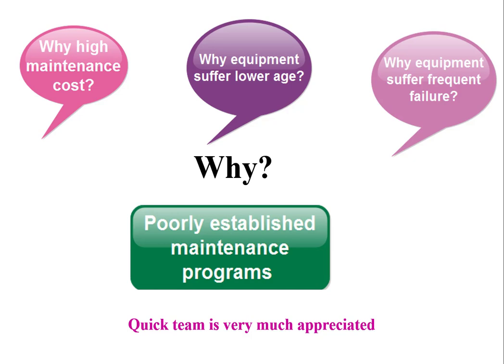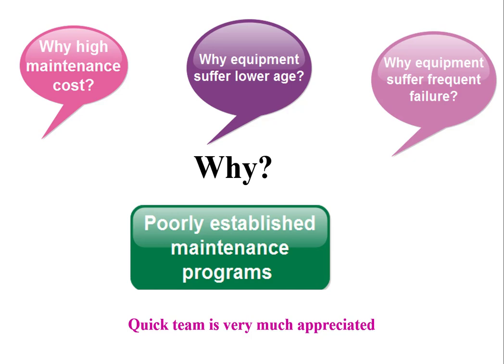So if we are not applying root cause failure analysis, it actually means we are applying a poorly established maintenance program, and we very much support and appreciate the quick team, who mostly act as run to failure.